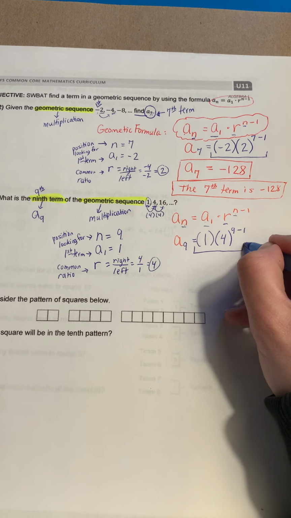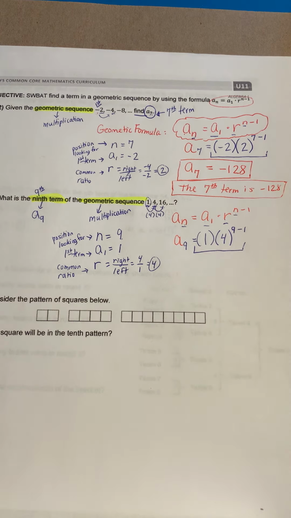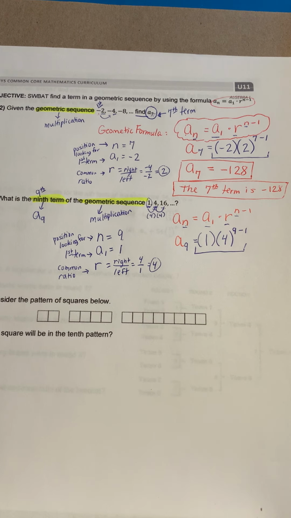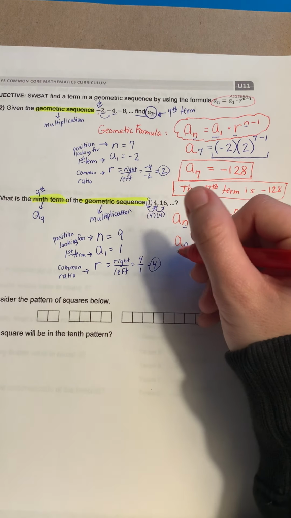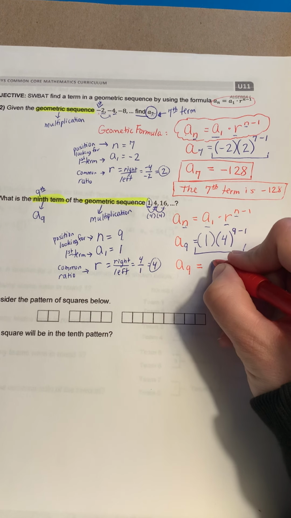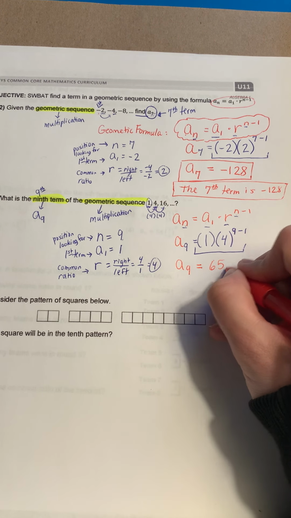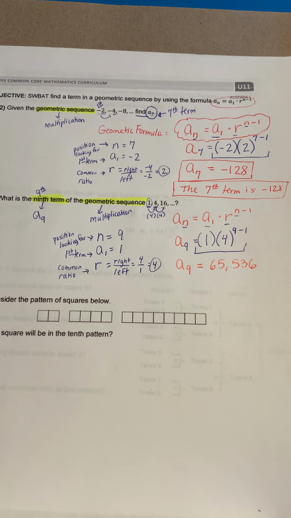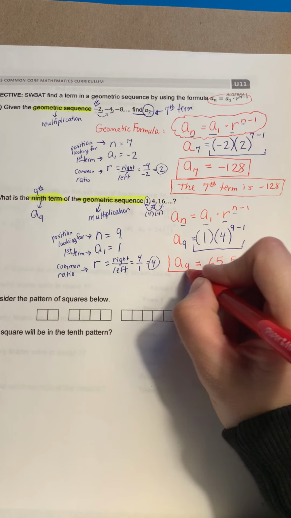Type this all in the calculator: 1 in parentheses times 4 in parentheses, and then raised to the 9 minus 1. Make sure again that 9 minus 1 is all raised as an exponent. When you type that in, you get a sub 9 equals 65,536. That would be my final answer.